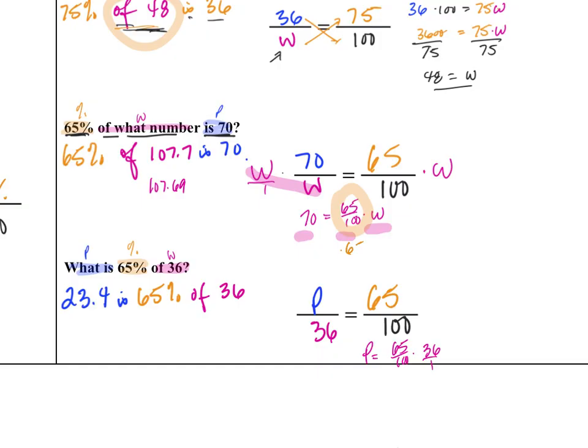So this is 0.65 times W equals 70. Next, I'm going to divide both sides by 0.65. Again, this is where you have to be careful.